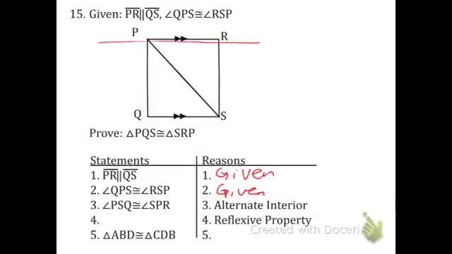These are parallel lines, and we know this transversal is going to cross, so we know those angles are going to be congruent. And that's by the alternate interior angles. And the reflexive property lets us know that that side is congruent for both. So PS is congruent to PS.